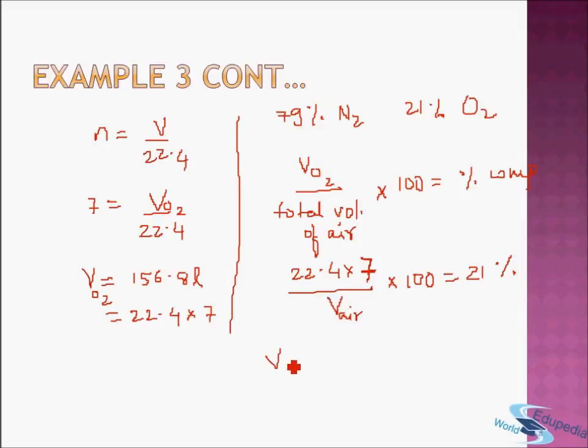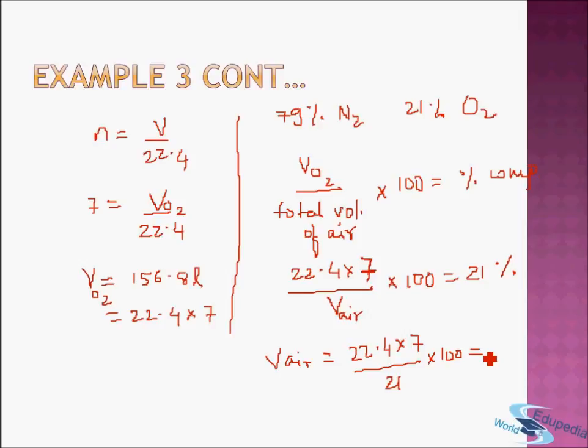So I simply cross multiply. Volume of air will be 22.4 multiplied by 7, divided by 21, into 100. It's pretty simple actually. That's why we multiplied 22.4 and 7 earlier.